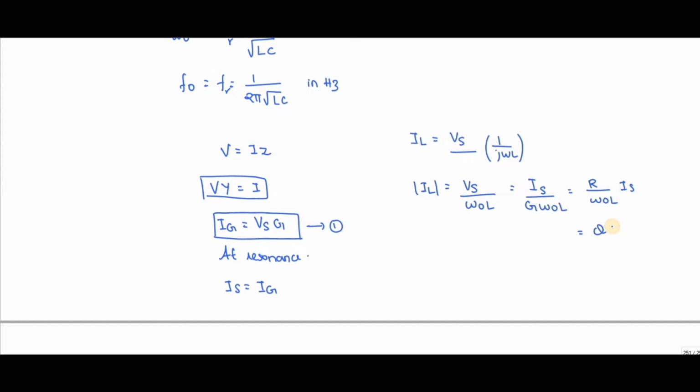So this is nothing but Q into Is, where your Q is nothing but R divided by omega naught L. Here Q represents the quality factor.